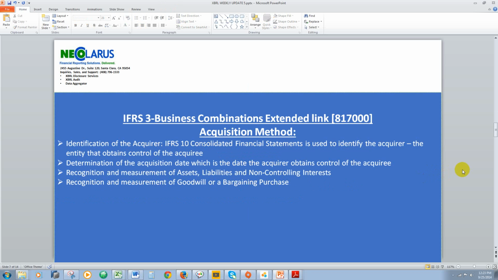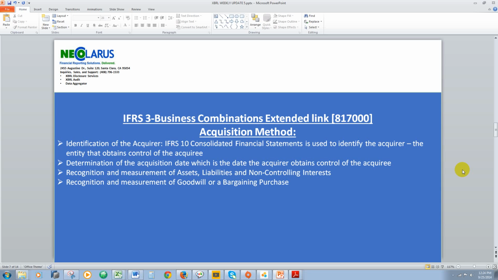And then this slide talks about the acquisition method. The first step is identification of the acquirer. As per IFRS 10 consolidated financial statements, the entity that obtains control of the acquiree is the acquirer.